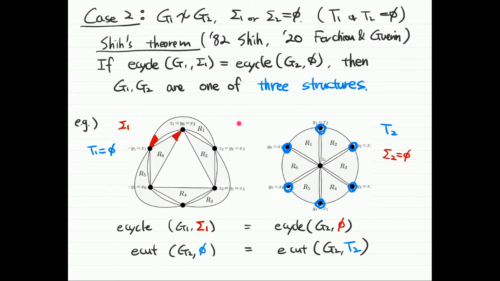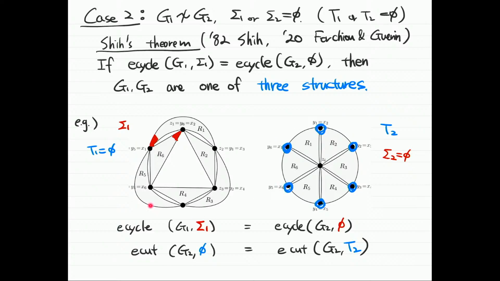We have 6 pieces of triangles, and we can arrange them like this. The red edges mean sigma 1, and here sigma 2 is the empty set. And these 6 vertices on the rim cycle are terminal set 2, so T2.